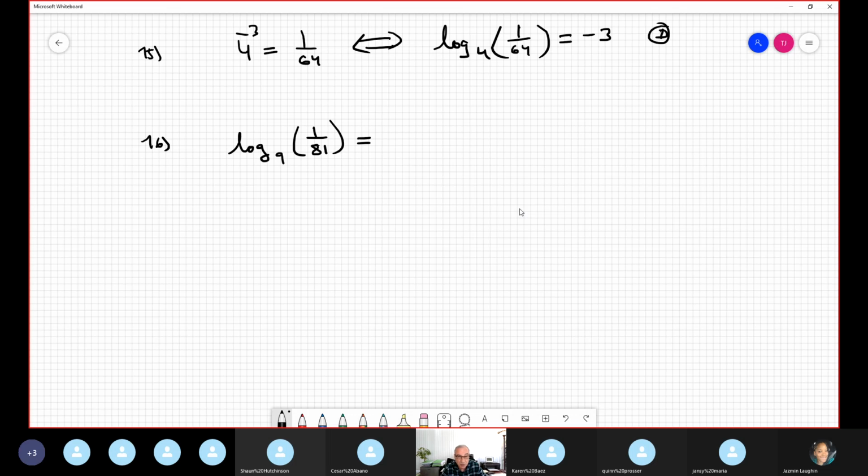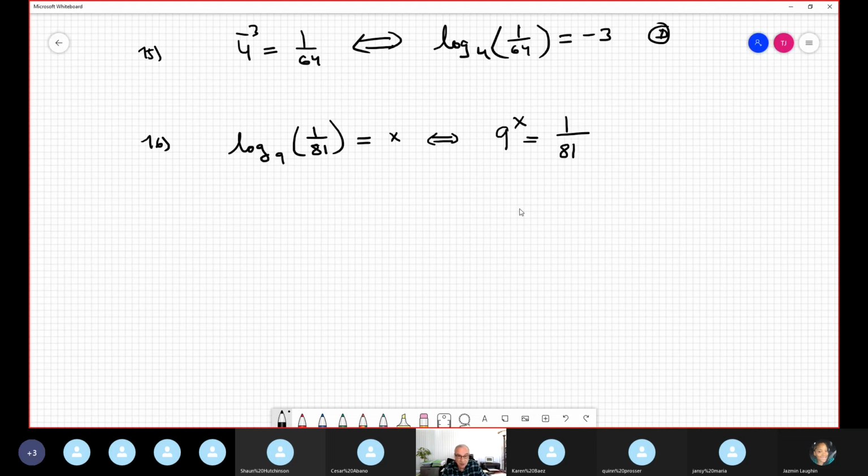Let's do it in both ways: by hand and by calculator, using the change of base formula. By hand, I have no idea, so I put x. I immediately change to exponential. The base is 9. The exponent is exactly what I am looking for. And the answer is 1 over 81.